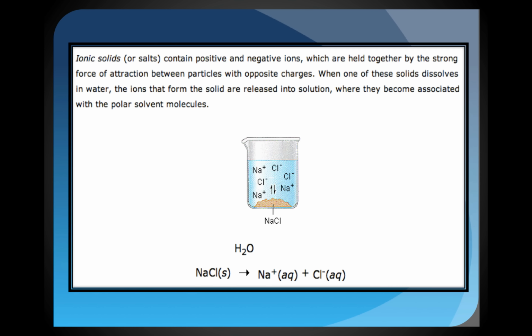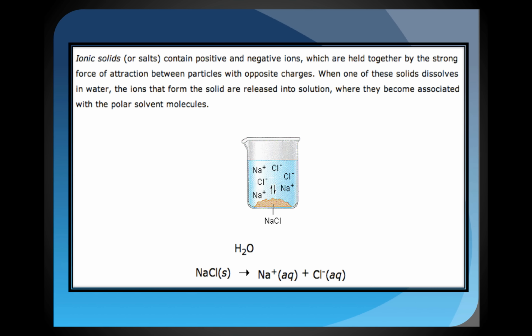The water molecules are able to break that electrostatic attraction, and that allows the cations, positive ions, and the anions, the negative ions, to separate. When an ionic solid dissolves, water molecules surround the positive and negative ions.